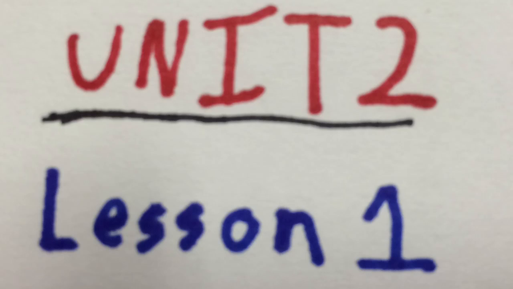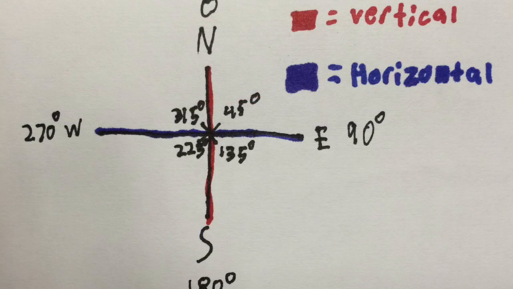Up next is Unit 2, Lesson 1. Unit 2, Lesson 1 is all about modeling linear movement. Linear movement has two parts, a vertical and a horizontal part. Linear movement is modeled by using the degrees of a circle and a compass. 0 degrees is north on the compass, and each degree goes clockwise around and allows you to determine which direction the vector is heading.